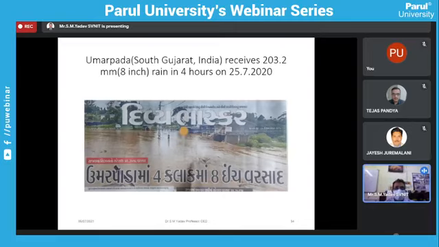This is a picture of 25/7/2020 from South Gujarat, where the Umarpada region received 203 mm, that is 8 inches, of rainfall in 4 hours. For a water resources engineer, this is a challenge: how to design infrastructure which can cope with such high intensity rainfall in a shorter duration.